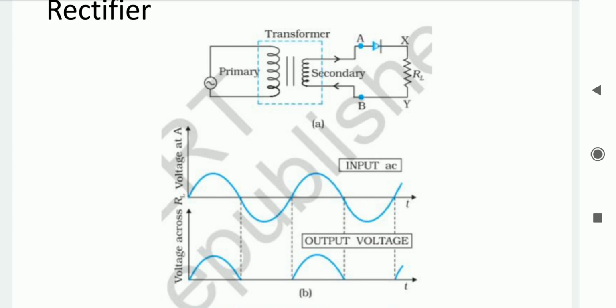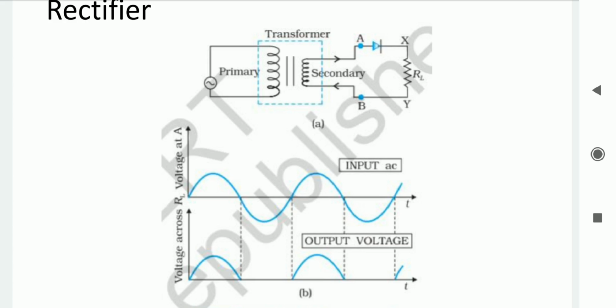As we know, in reverse bias condition the diode acts as an open circuit and current won't flow. If current is not able to flow through the resistor, then no voltage drop is available, so across the resistor there is no voltage drop. It is considered as 0 in diagram B. In the reverse condition, the reverse saturation current of the diode is available, which is very negligible, in microamperes, and we do not focus on it for application purposes.